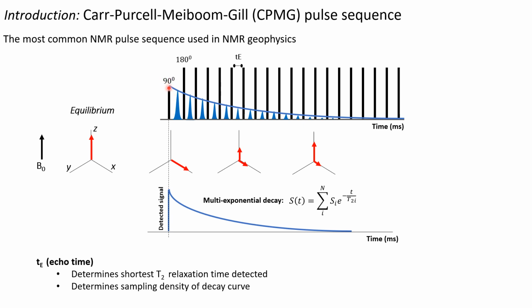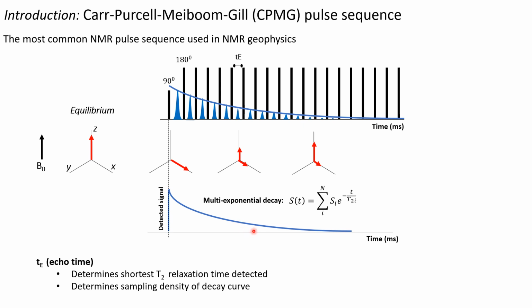So basically that pulse excites the spins and transfers them to the perpendicular plane. And then after that we have a train of 180 degrees pulses. And we measure our signal in between each two 180 pulses to obtain the multi-exponential signal decay curve, which is further used to estimate relative pore size distribution and also hydraulic conductivity.